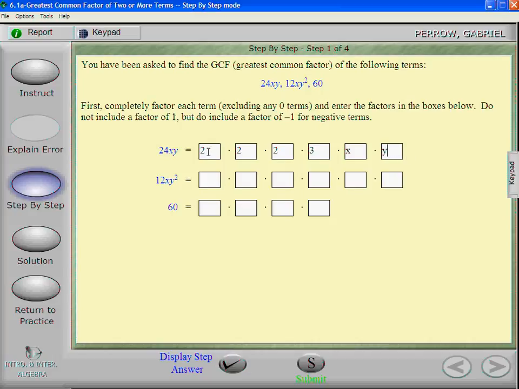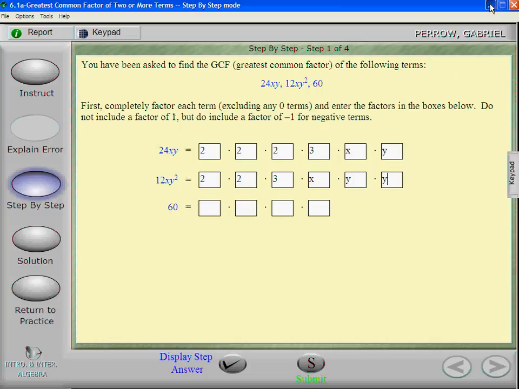So we've got this prime factorization for 24xy. 12, if you made a factor tree for that, you could say is 4 times 3. 4 is 2 times 2. So it would end up being 2 times 2 times 3 if you did a little tree out there. And then what's the rest of it? X times y for the xy squared.